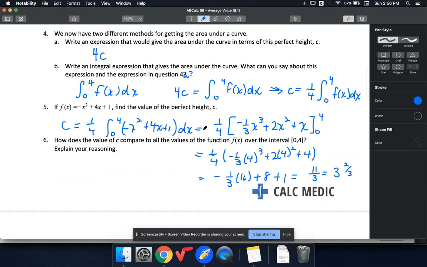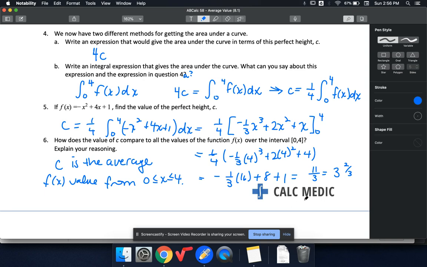So c is the average f of x value from 0 less than or equal to x less than or equal to 4.